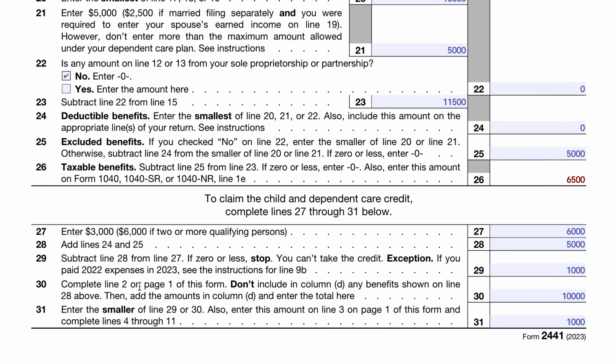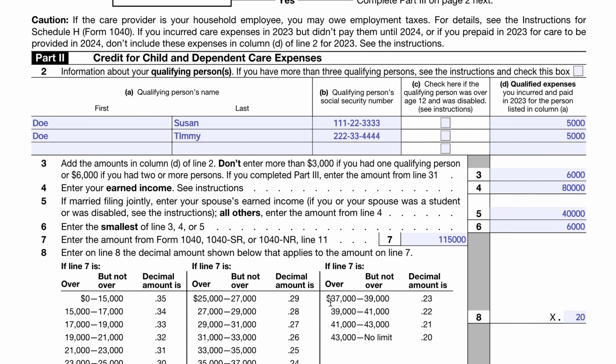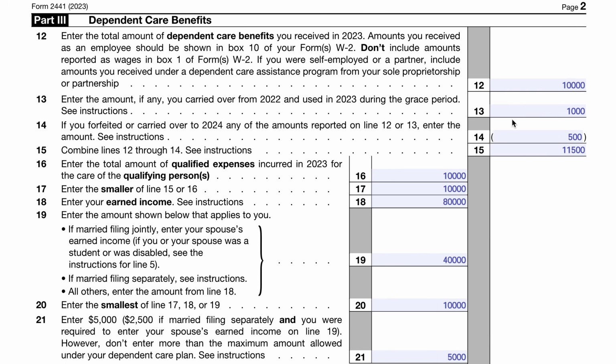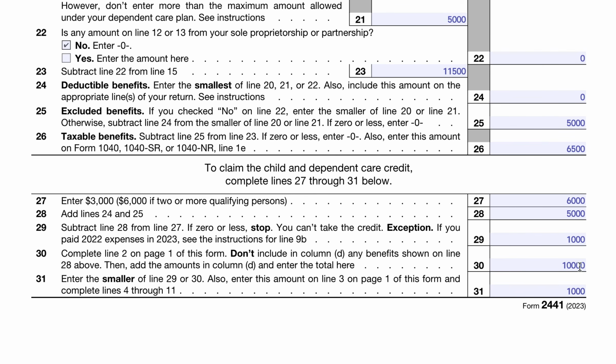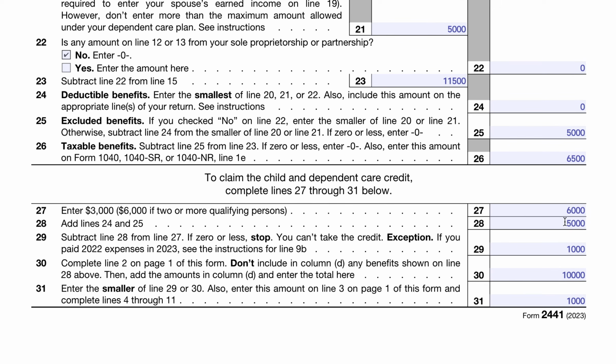Complete line 2 on page 1 of this form. So line 2 equals $10,000. We take the total of column D and we enter that down here. That's $10,000. So don't include in column D any benefits that we showed on line 28 above. So these would be separate numbers if we were doing this in real life. And then we're going to take the smaller of line 29 or line 30.